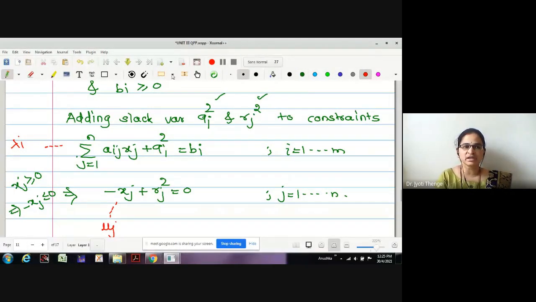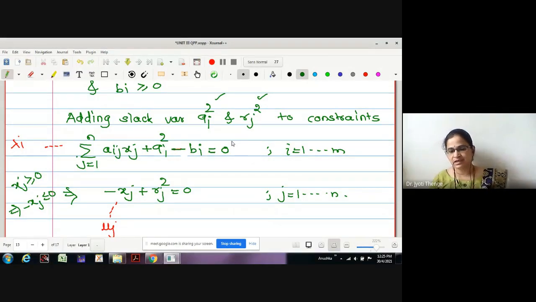Actually, we want to write the constraint equations in terms of equal to 0. Therefore, I will write this as minus bi equal to 0. So we were writing minus bi equal to 0.